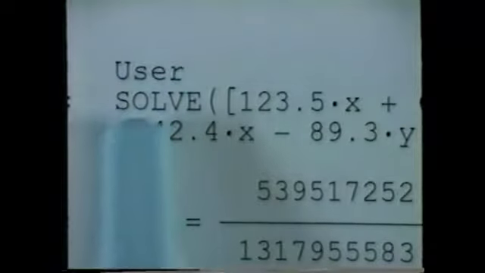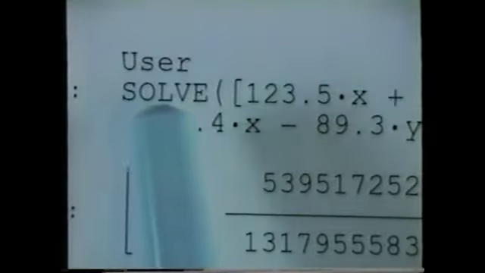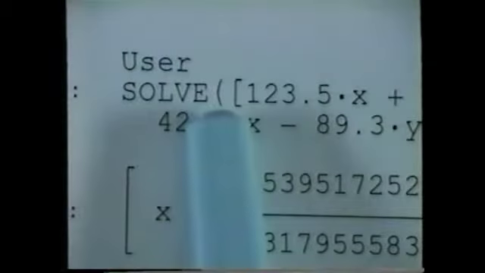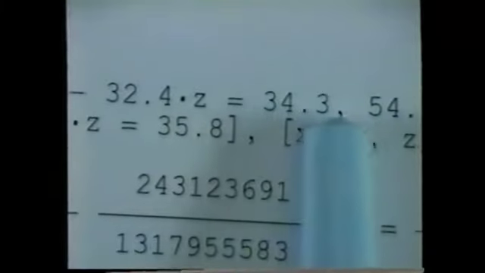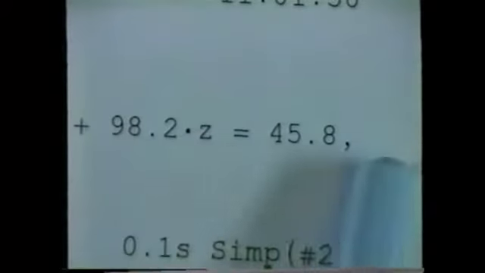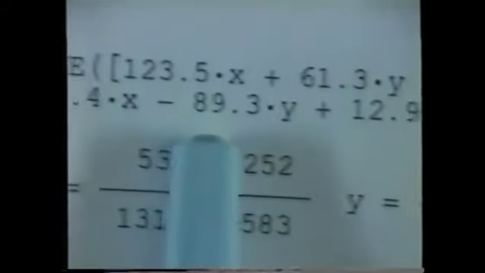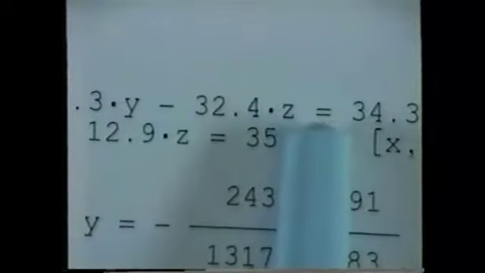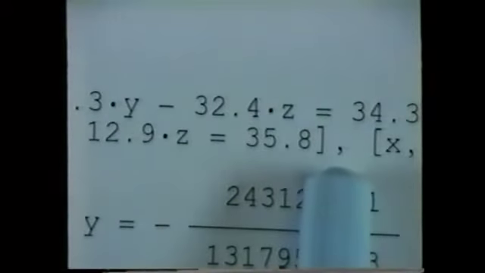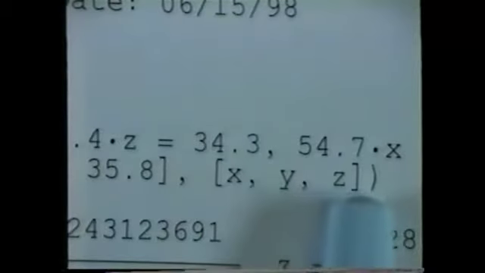I go into Derive and type Author and Expression, and then I type solve, and I type in the first equation, comma, the second equation, comma, the third equation, in my bracket, comma, then I give my variables, x, y, and z, inside the brackets, and close with parentheses.